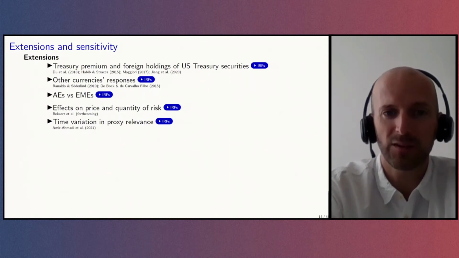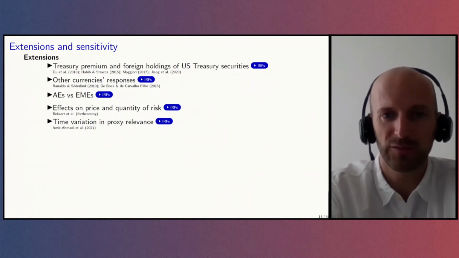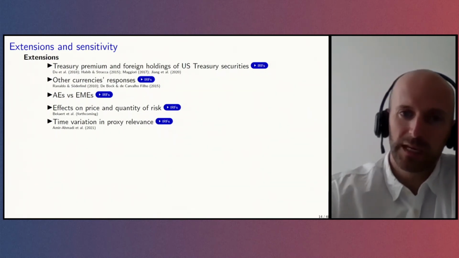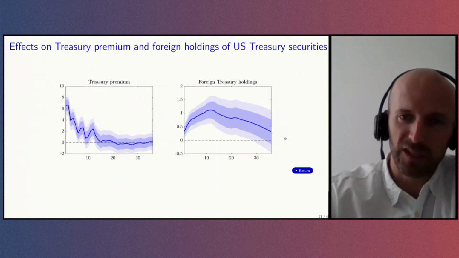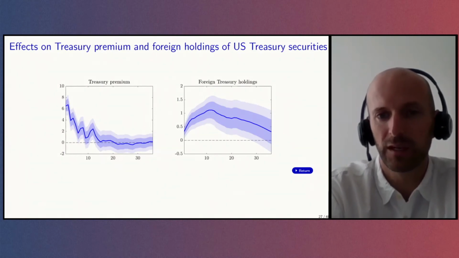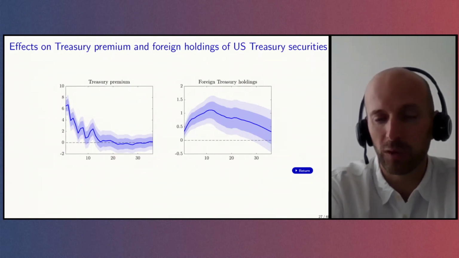That's not a feature of all the theoretical models in this literature, but it's a feature of, for example, the model in Maggiori or in Jiang, Krishnamurthy, and Lustig. And what we find, I think you already spotted this on the right-hand side panel, is that indeed in response to a global risk shock, there is an increase in foreign treasury holdings.